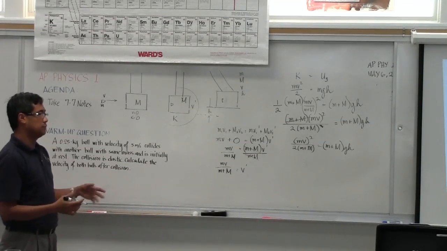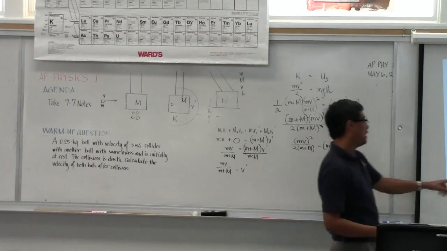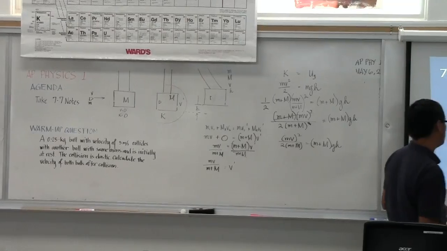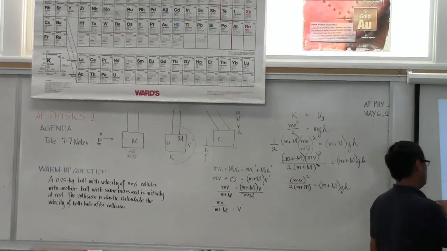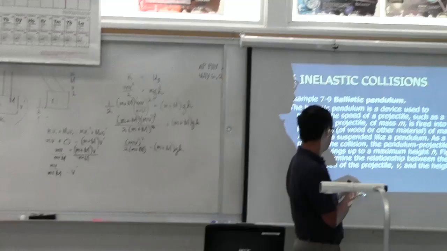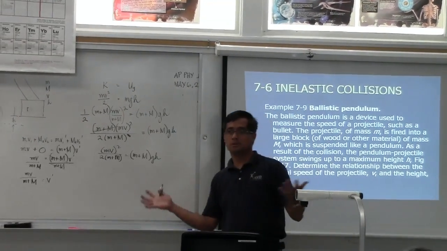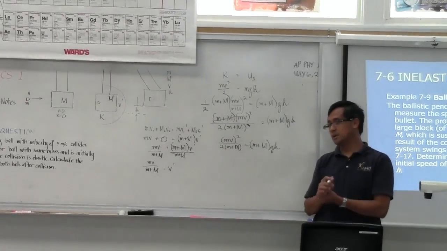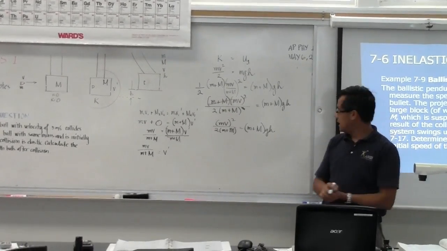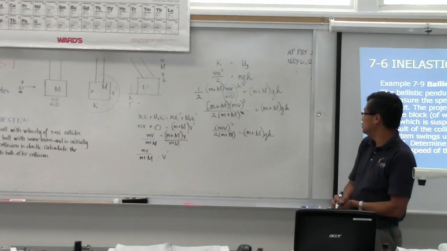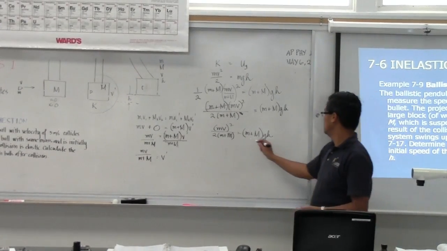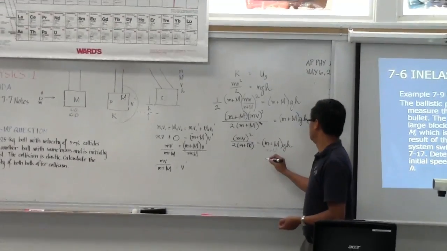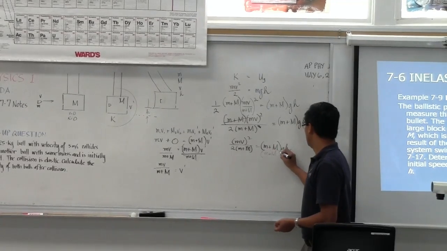Now, it all depends. What do you want to isolate? Do you want to isolate V or H? Because it says, determine the relationship between the initial velocity of the projectile V and the height. If you want to find the height, then we'll isolate height. If you want to isolate V, then we can isolate V. Let's isolate the height. What will we do to isolate the height? Divide by m plus big M, and by g.